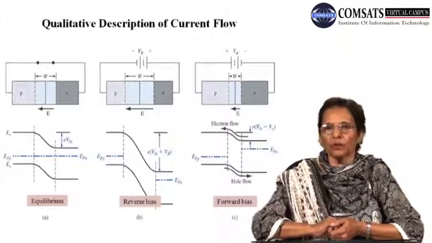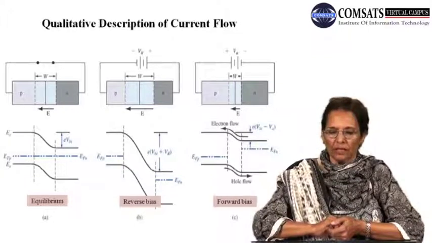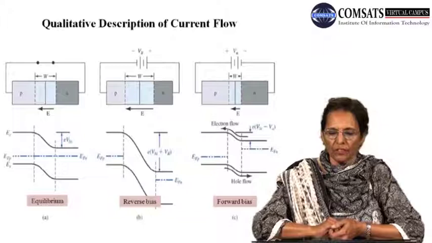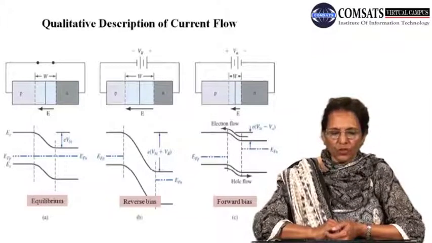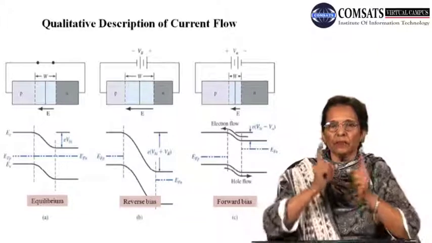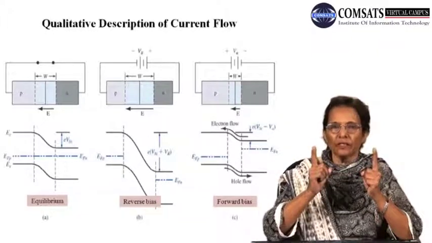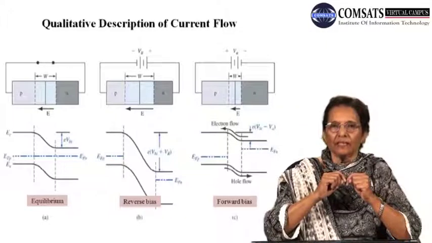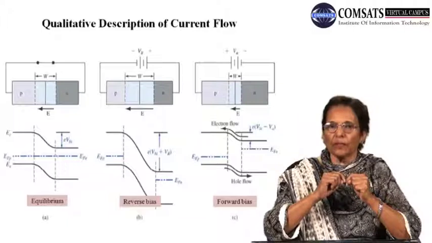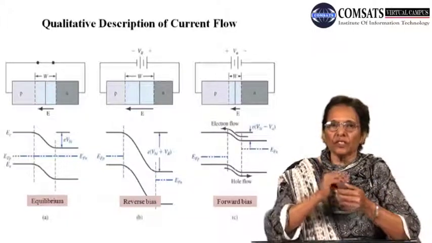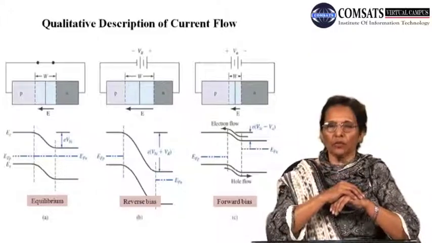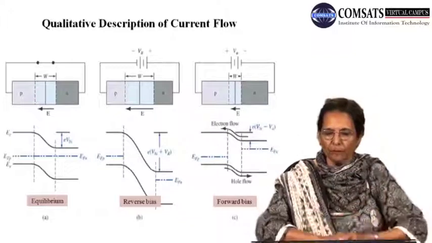The middle diagram on the top shows the reverse bias condition. Again, as you notice, the three parameters: the depletion region width widens, the electric field strength increases, and the potential across the junction also increases, enhanced by the amount of the reverse potential that you apply across the junction.